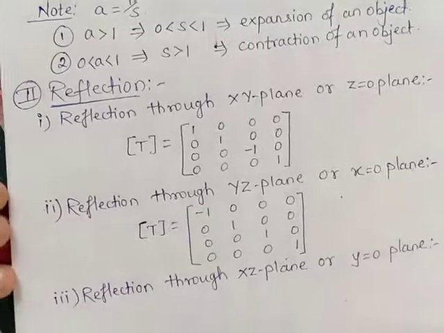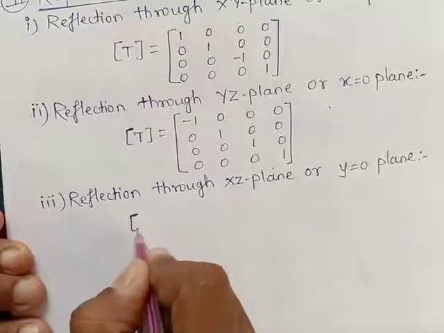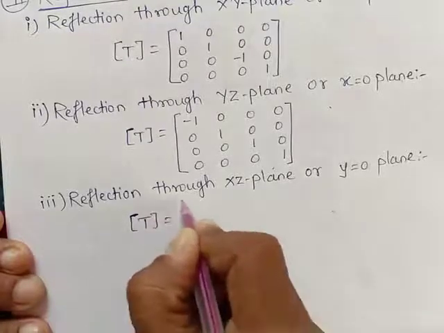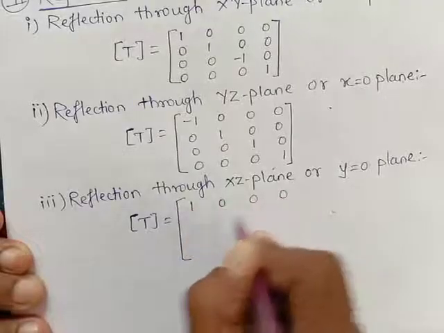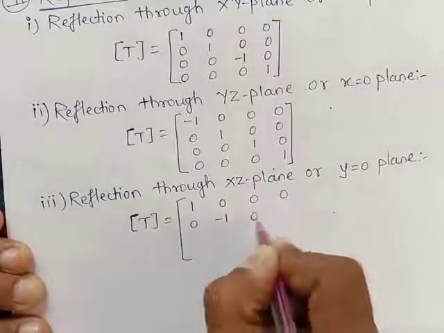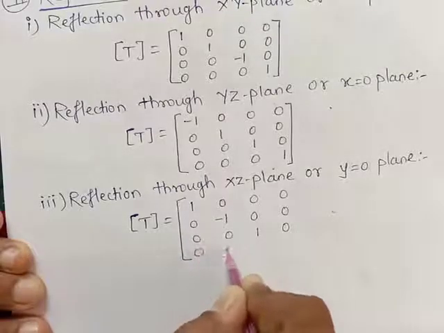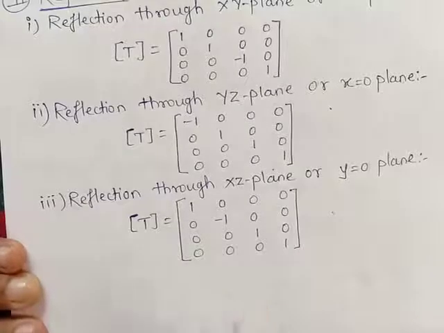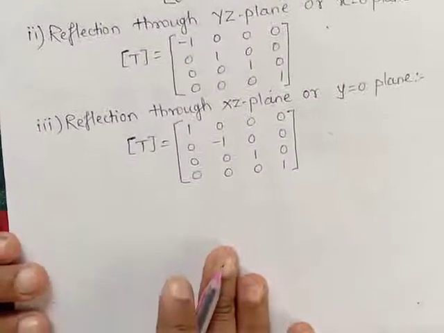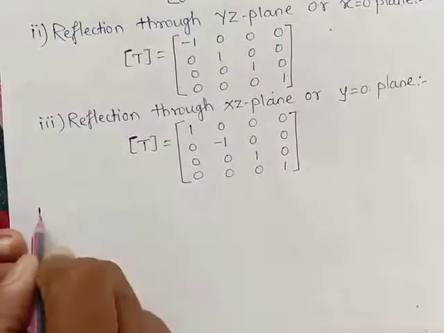In that case, the transformation matrix T is this one. Okay. Now the next transformation is, suppose, shearing.